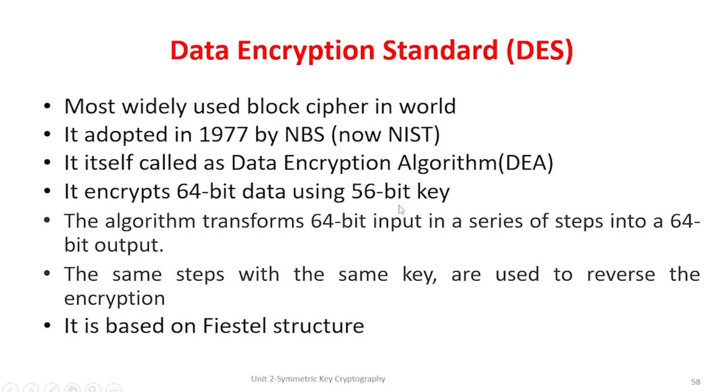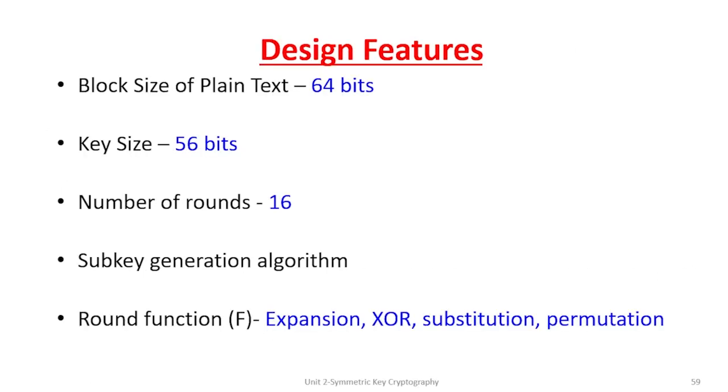So this is the main important thing. The block size of the DES algorithm is 64 bits. The key size of the DES algorithm is 56 bits. And it is purely based upon the Feistel cipher structure concept.